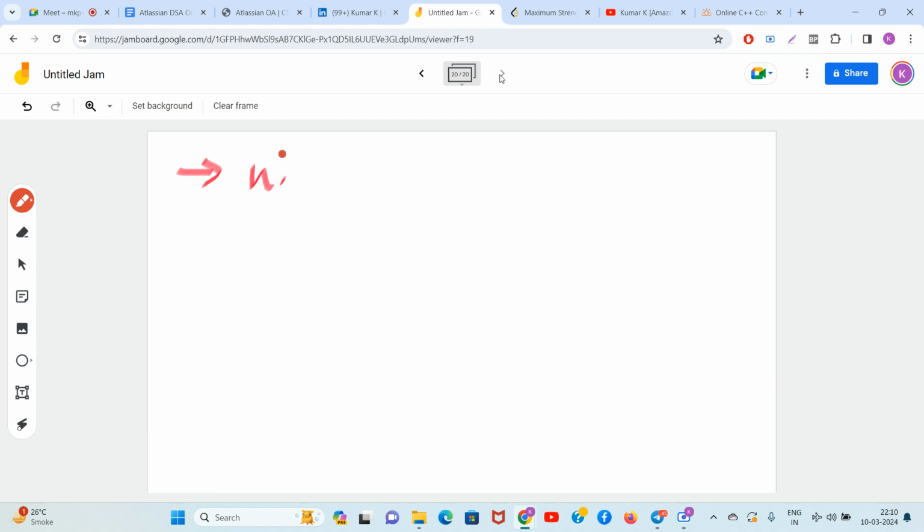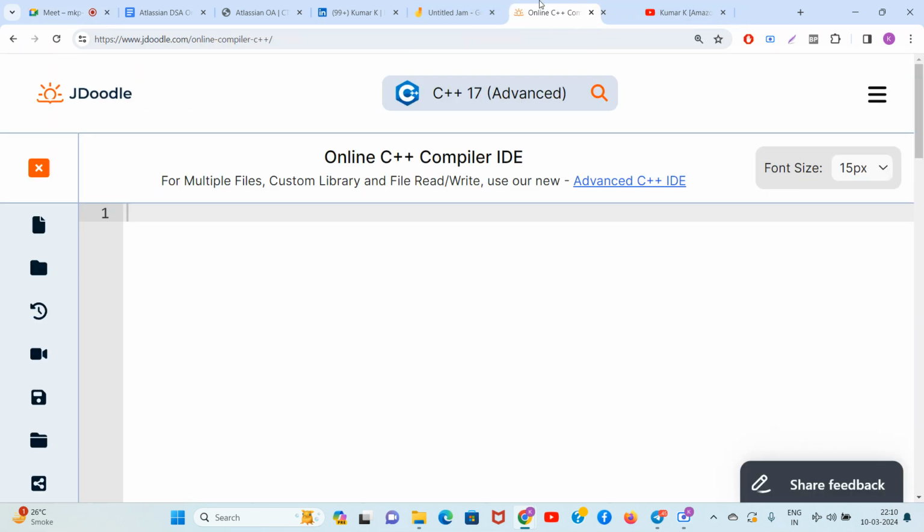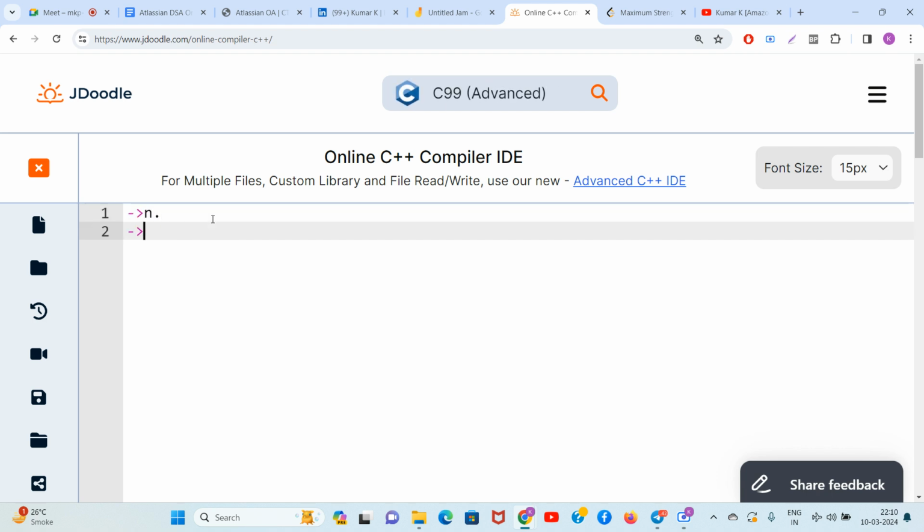So guys, let's quickly write the algorithm. We don't have much time. Okay, ready? Let's do it quick. N is the size of the array.